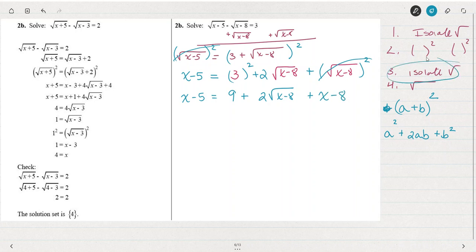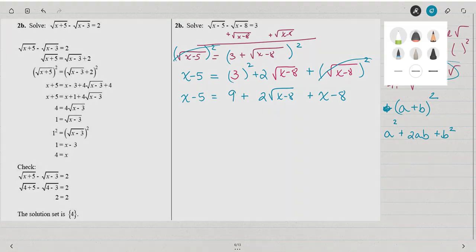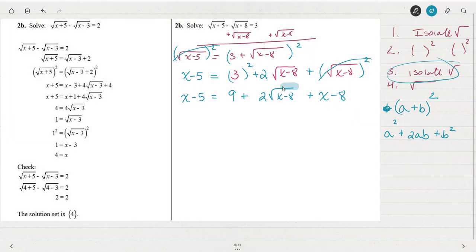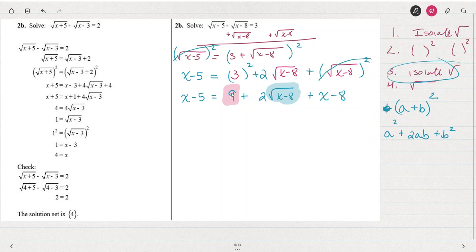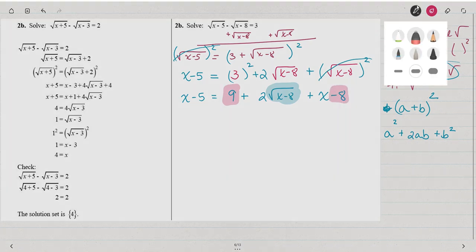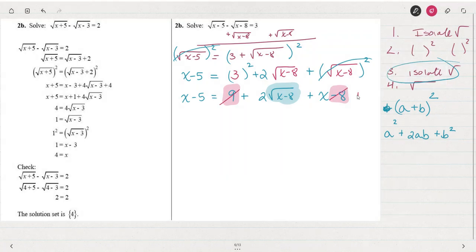Now we're going to isolate the radical again. It's right here. So we're going to subtract the x. Actually, before I do that, just to make this a little simpler, I could take this 9 minus 8 and simplify that to be 1. 9 minus 8 is 1.